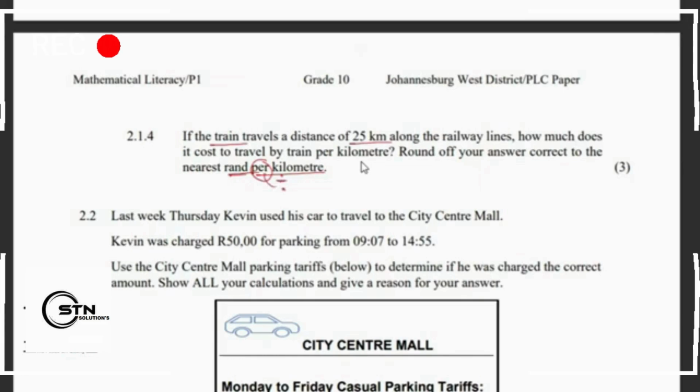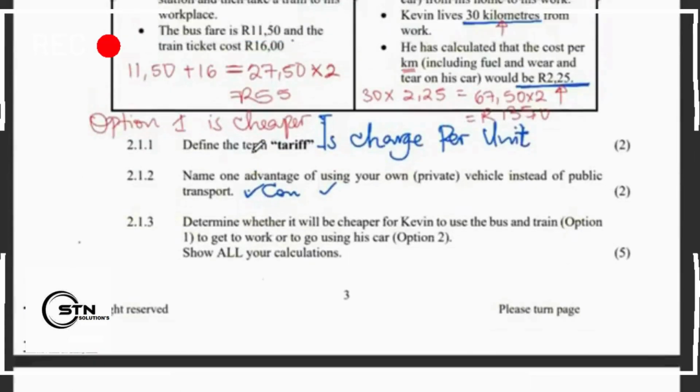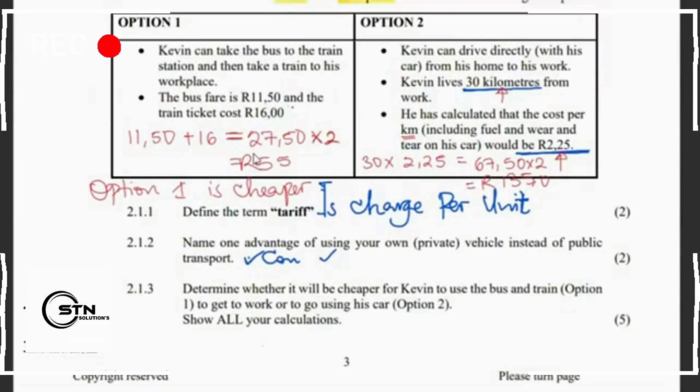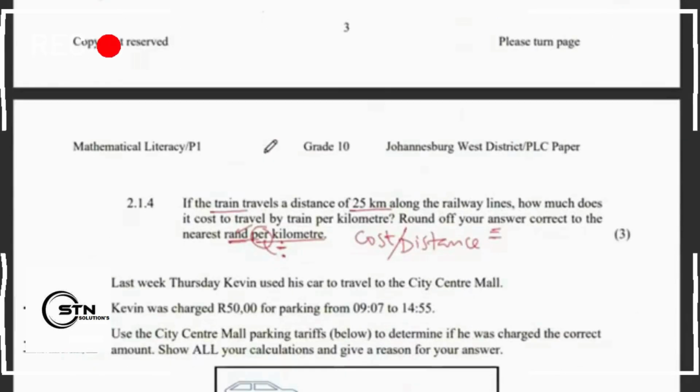But divide what and what? The rand is the cost divided by the distance. For the train, how much is it? They told us the train ticket is 16 rand. So we say 16 rand divided by the distance, which is 25.